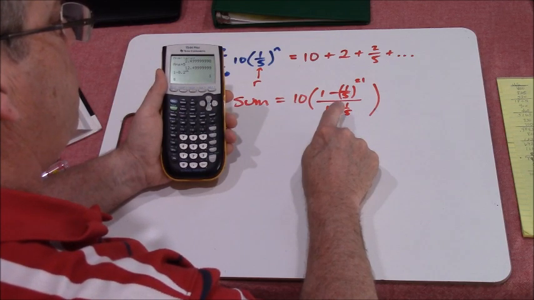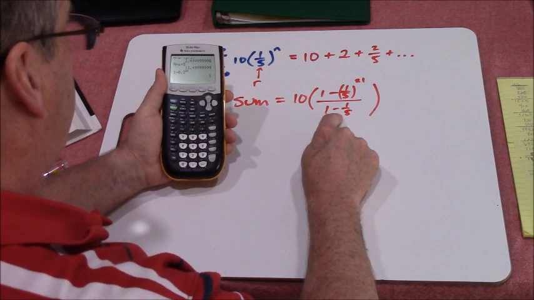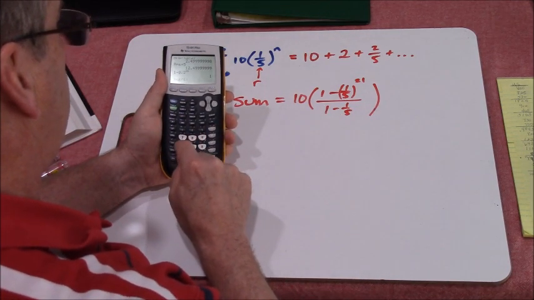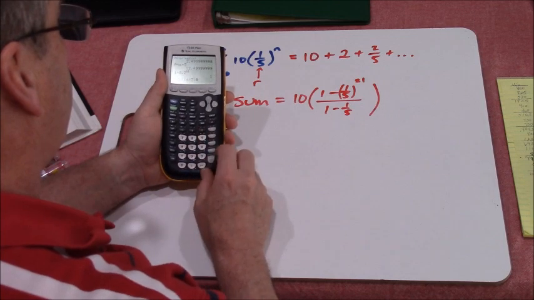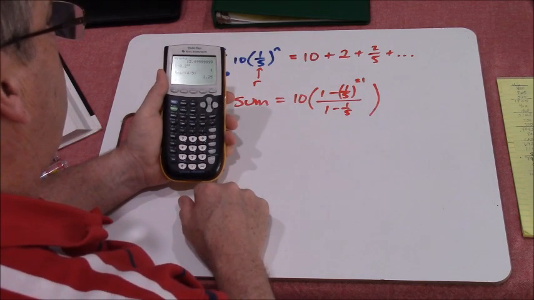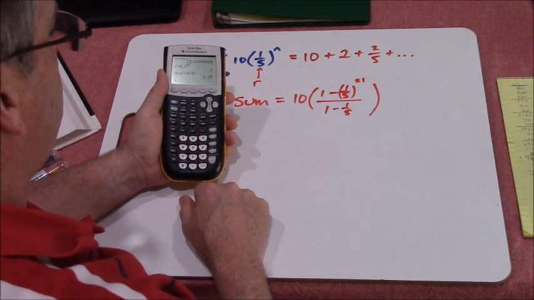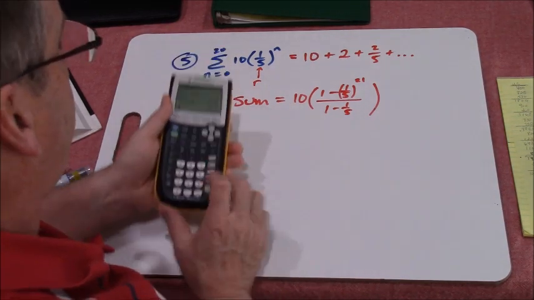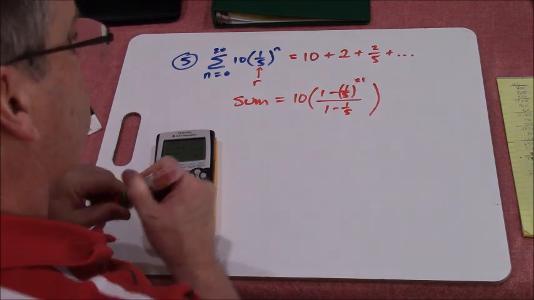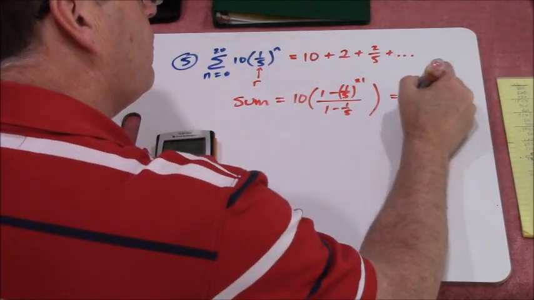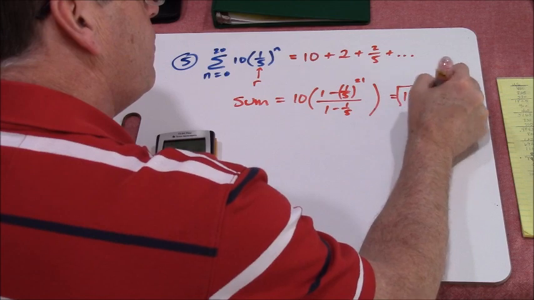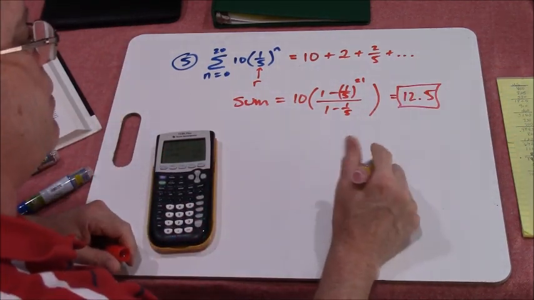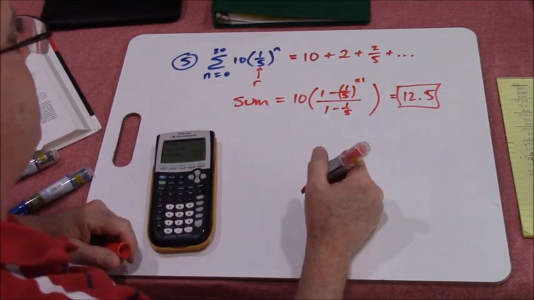So I now want to divide by 4/5. So divided by, in parentheses, 4 divided by 5. I now have 1.25 times 10. And I got 12.5 for an answer. I think that's just a coincidence that we got the same answer as we did on the last problem. But there it is.